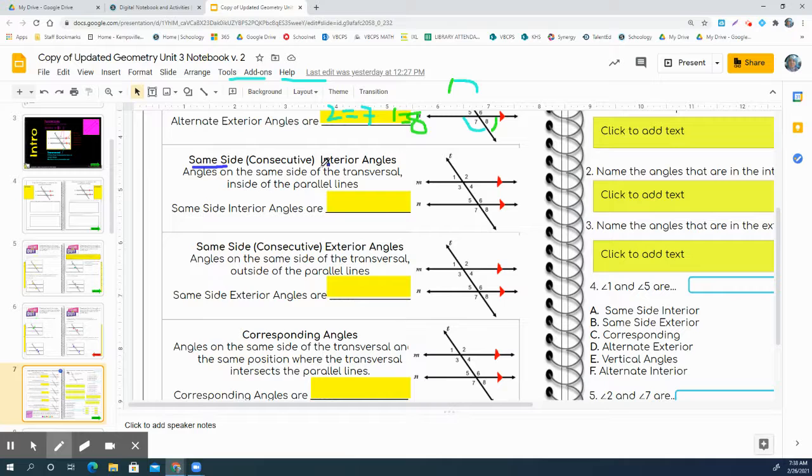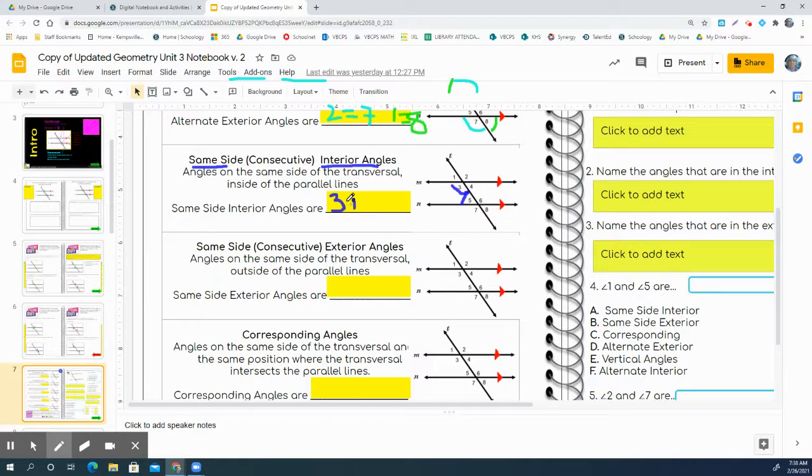What's my example? There's 2 of them. Same side interior. 3 and 4 are a linear pair. They are inside, but they're not same side of the transversal. Is there a better answer? 3 and 5. So 3 and 5 are going to be same side.